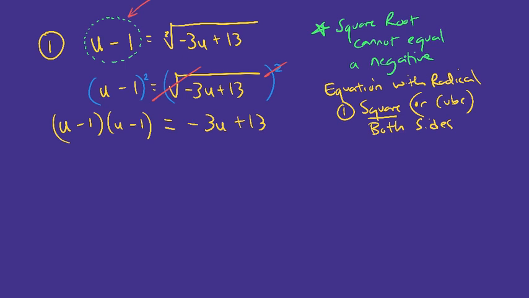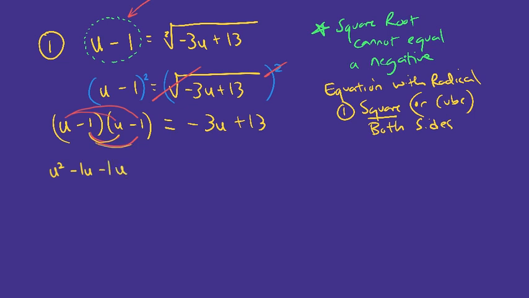So go ahead and FOIL. Distribute the u. Distribute the negative 1. U times u is u squared. U times negative 1. Negative 1 times u.